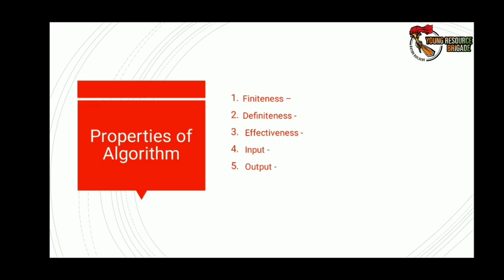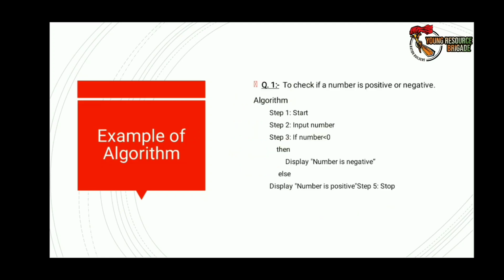Then we see examples of algorithm. The first example is to check whether a number is positive or negative. Then we write the algorithm for this question. Step first, start our procedure. Then second step, we take a number input from the user. Then in third step, we compare the number with 0.